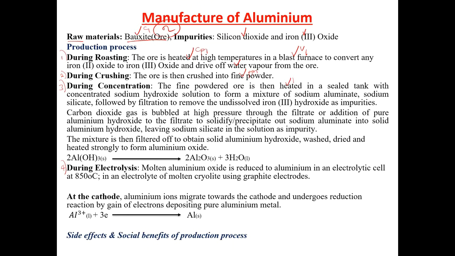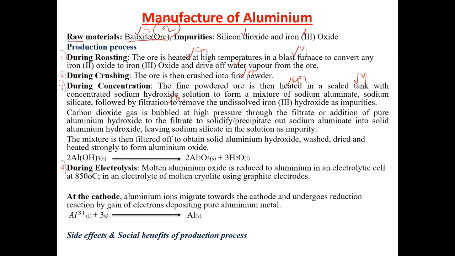This is a chemical process in a sealed tank, our vessel, with concentrated sodium hydroxide solution to form a mixture of sodium aluminate and sodium silicate, followed by filtration. Filtration is a physical process to remove the undissolved iron 3 hydroxide as impurity.